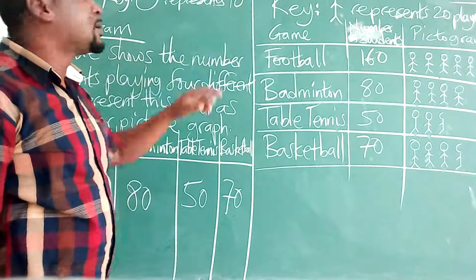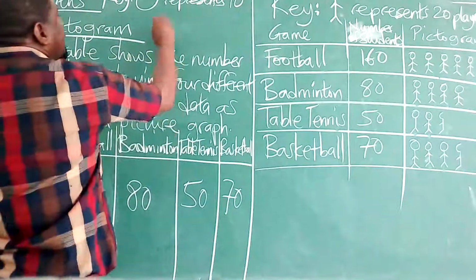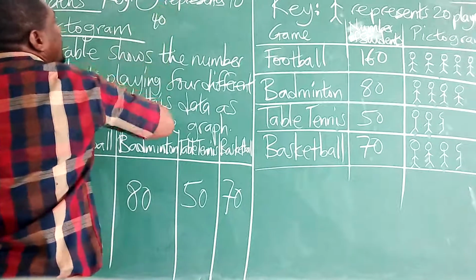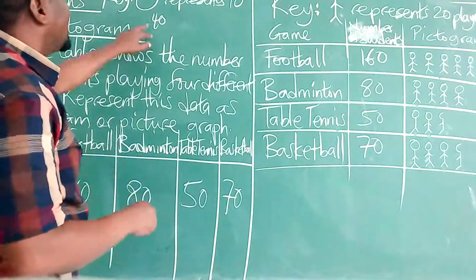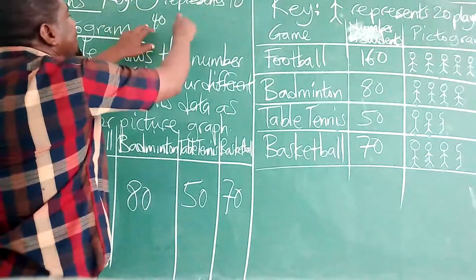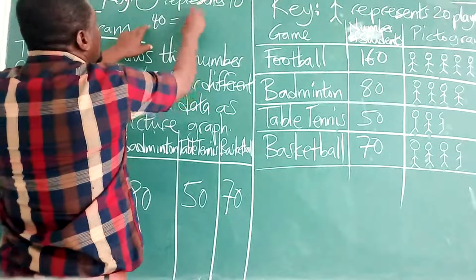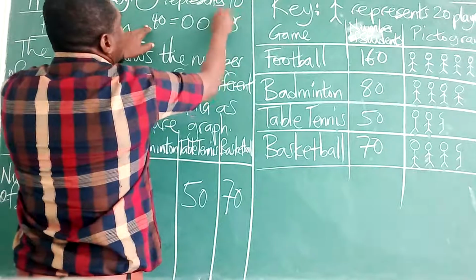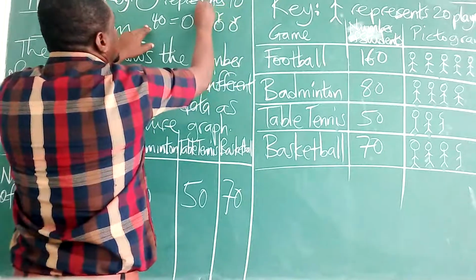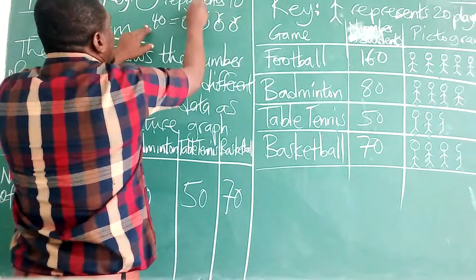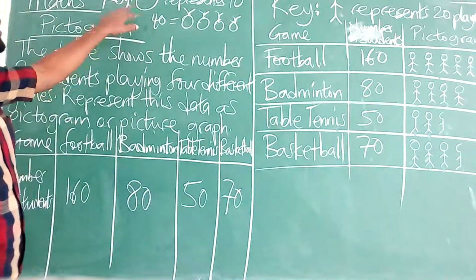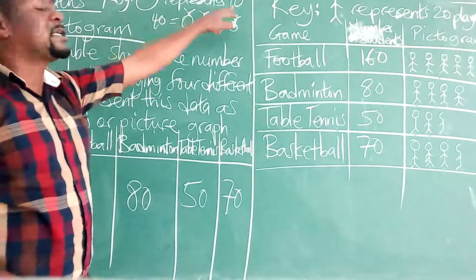If I have, let's say, 40, and I want to use this key to represent it, I'm going to draw 4 apples, because the key says 1 apple represents 10.